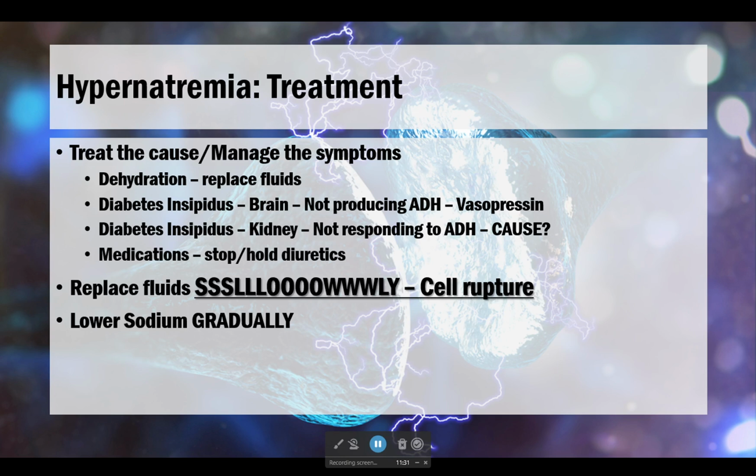Now remember that the brain prioritizes itself. One of the things the brain does is produce concentrating elements that help it maintain a moderate cellular volume.